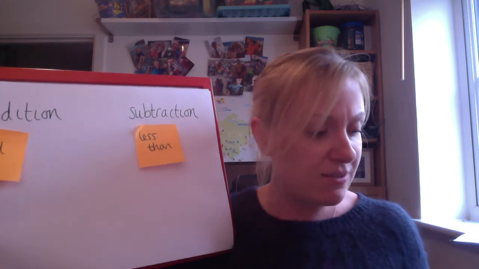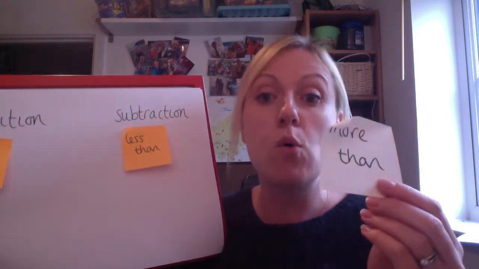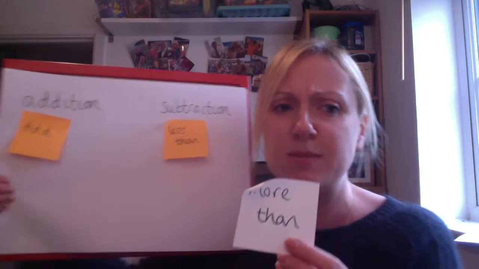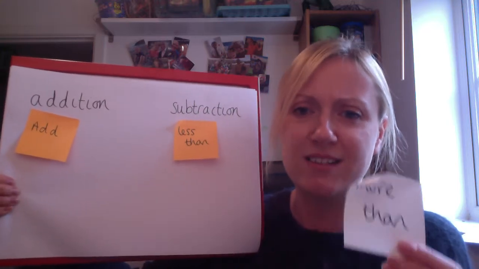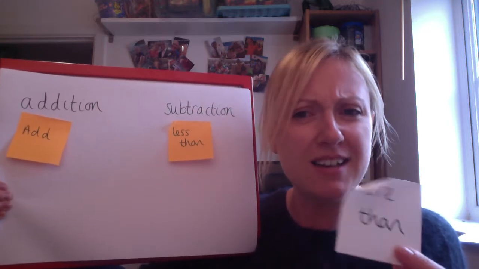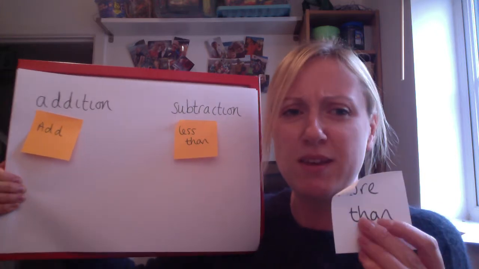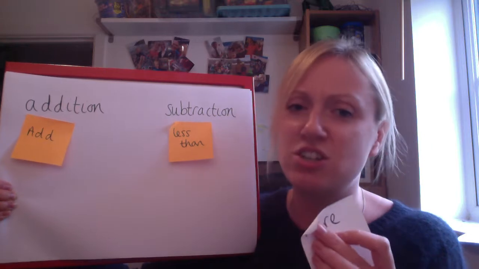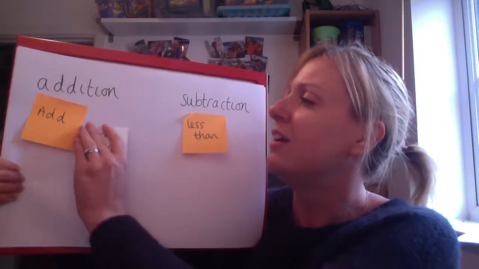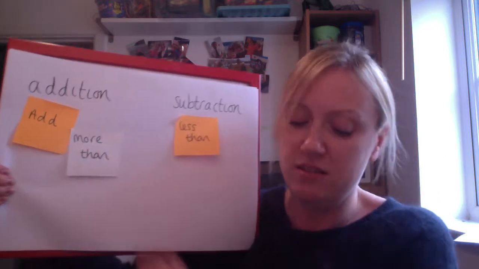My next words are more than. If a question asks me to find out if something is more than something else, am I going to be adding or subtracting? I'm going to be thinking about addition, aren't I? I'm going to be adding on something here.